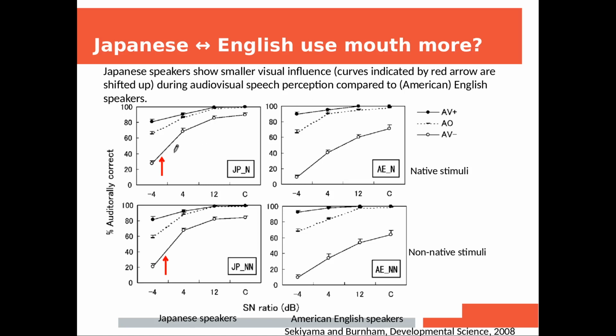Native speakers of those languages don't care so much about the visual stimulus as ones in other languages, like English, where there's a lot of different mouth movements for different sounds.